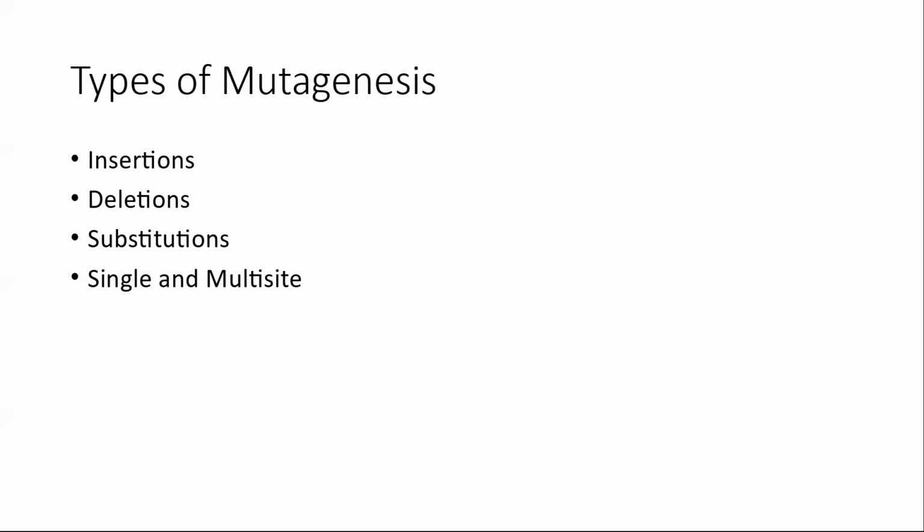And then multi-site typically refers to having multiple primer sets. So single site could actually modify multiple sites if they're close together, and multi-site can modify multiple sites that are farther apart, but you can most likely do multiple changes within the single primer.